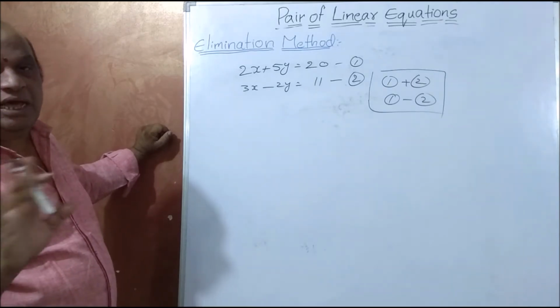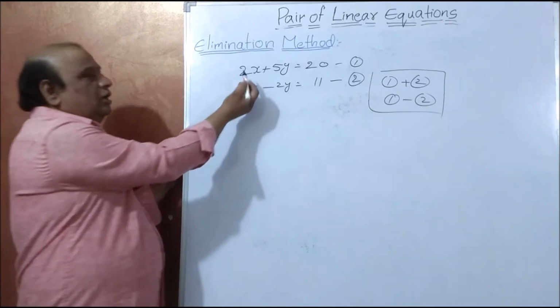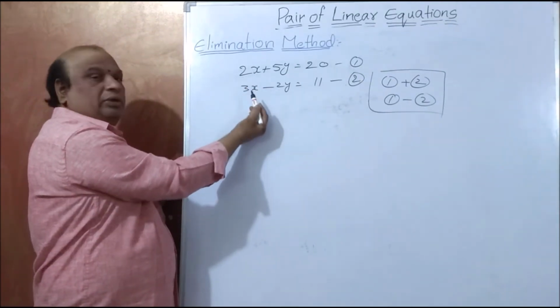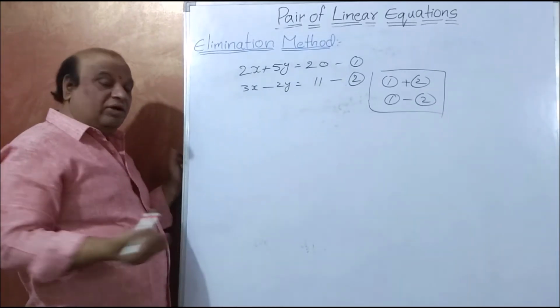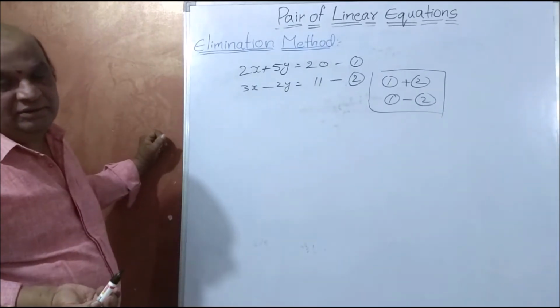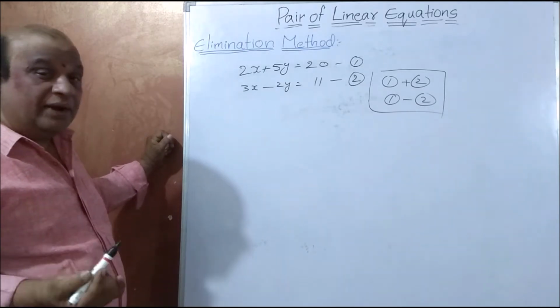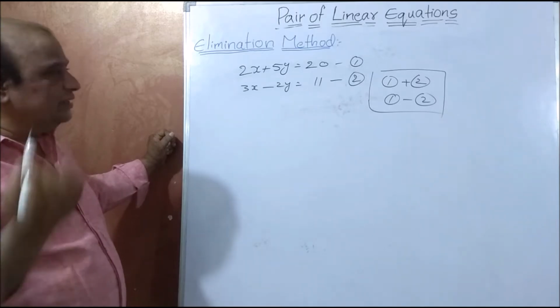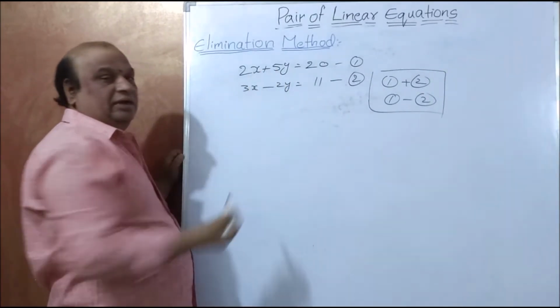Two equations are having different coefficients. Here x coefficient is 2, x coefficient is 3. How can we cancel this? If you add, we can't. If you subtract, we can't. Like this, y also has different coefficients.